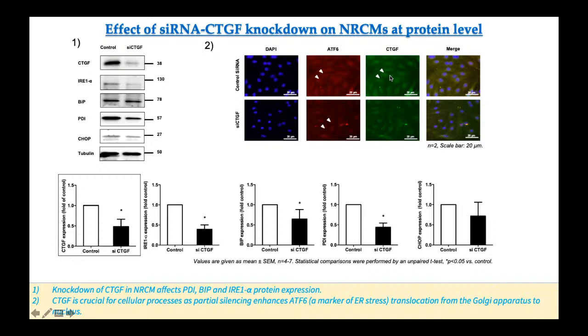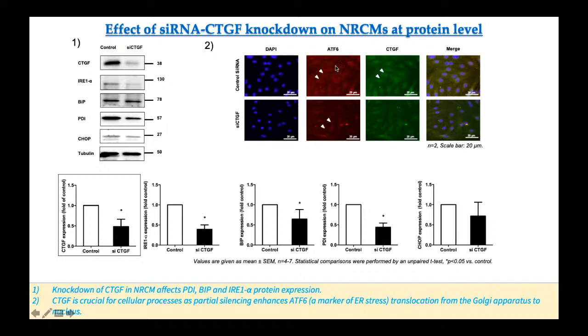cells, cardiomyocytes. So I stained my cells with DAPI dye, ATF6 dye, CTGF dye. So three dyes. I have added three different antibodies with dyes, and I saw them under the microscope under different fluorescence.